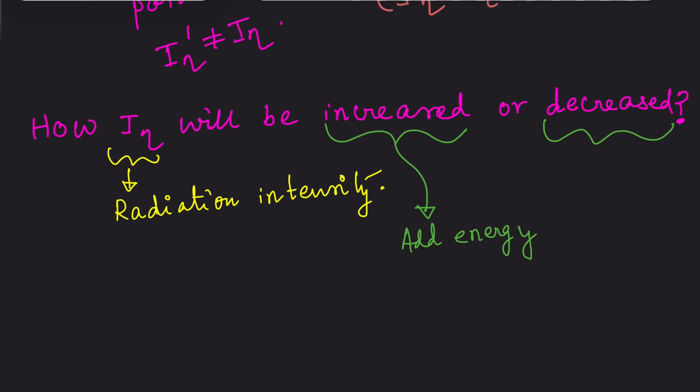And if I need to decrease I_η, I need to remove energy. As simple as that, right?